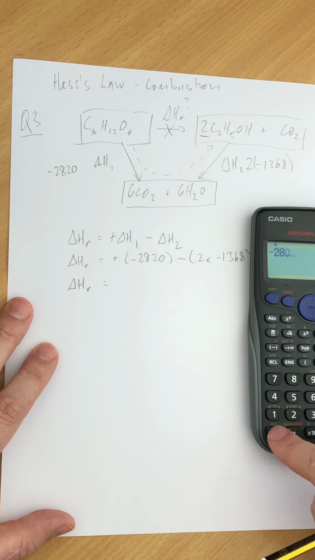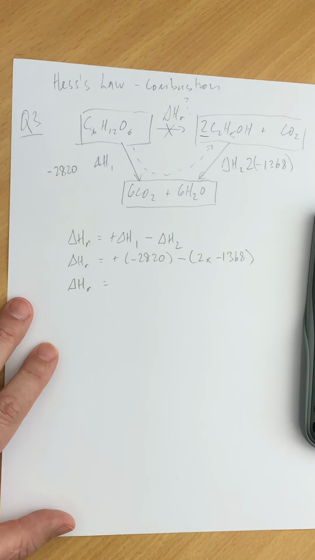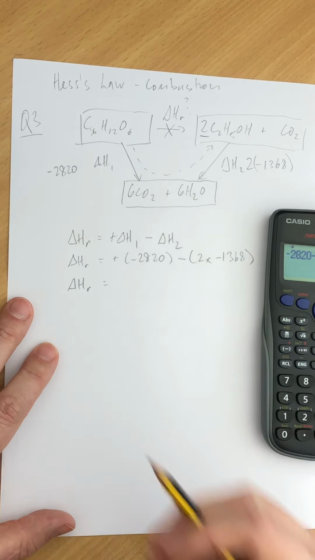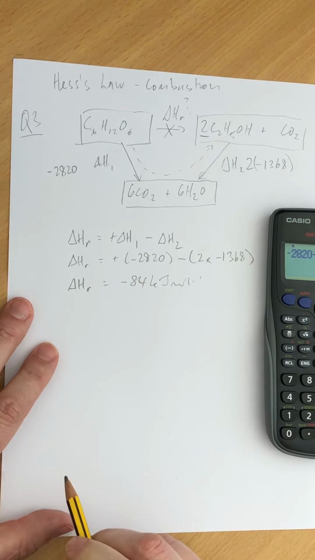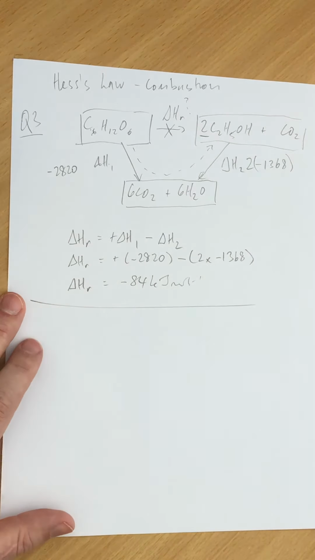Minus 2820, take away 2 times minus 1368 equals minus 84 kilojoules per mole. Now, that is the cycle method.